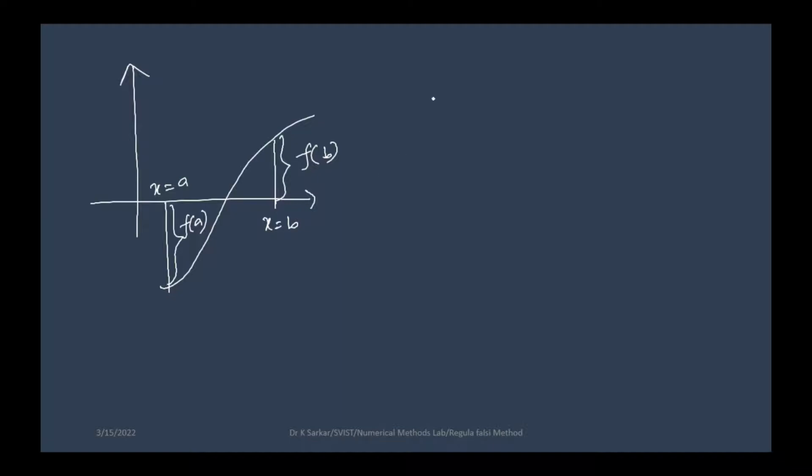In this case, f(a) is less than 0 and f(b) is greater than 0. They are of opposite signs. Therefore, there exists a root in between a and b.